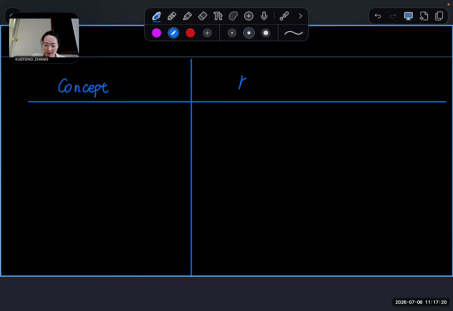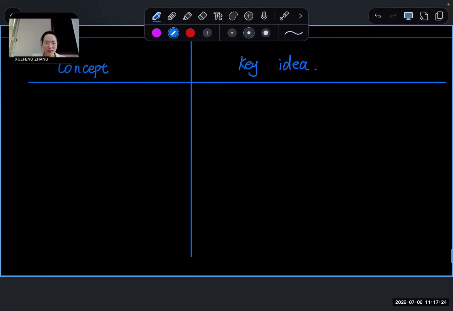And what is the key idea? The first one, what is simple regression? How do we write a simple regression in an equation? It is y equals beta 0 plus beta 1 x plus mu, okay?